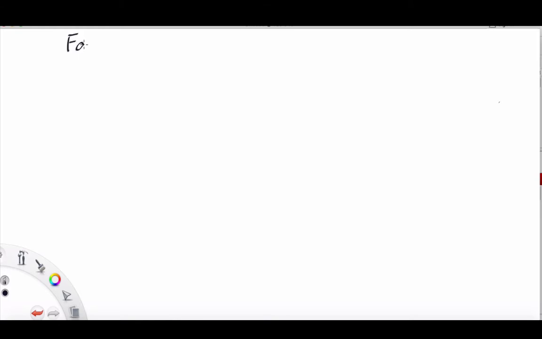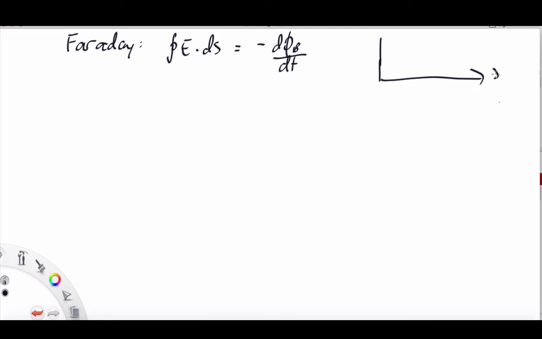So starting with Faraday, he said that basically when you have a changing magnetic flux, it creates some electric field going around a loop of some kind. Now let's look at the case where we've got an area of space here, and we're looking at a rectangle.